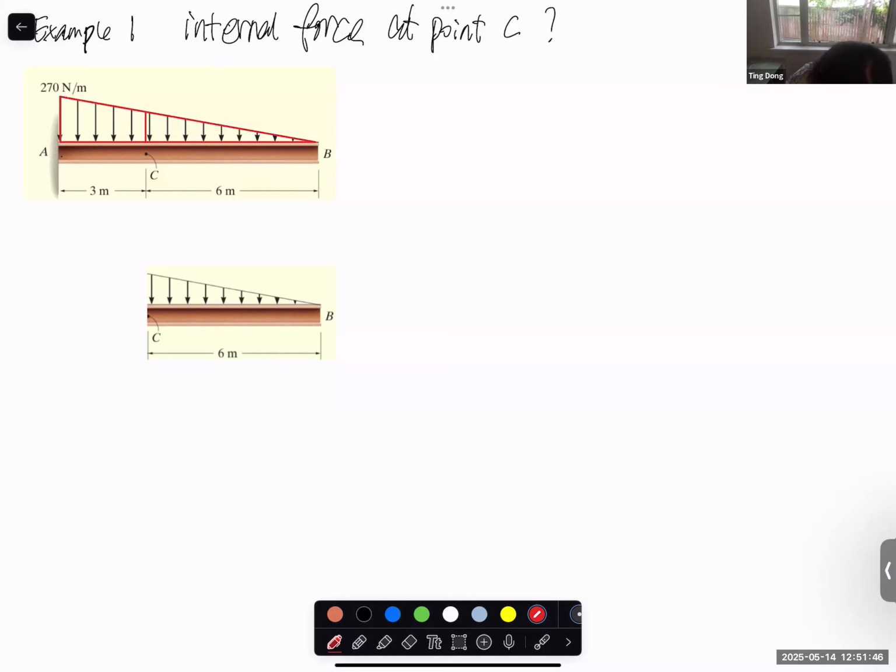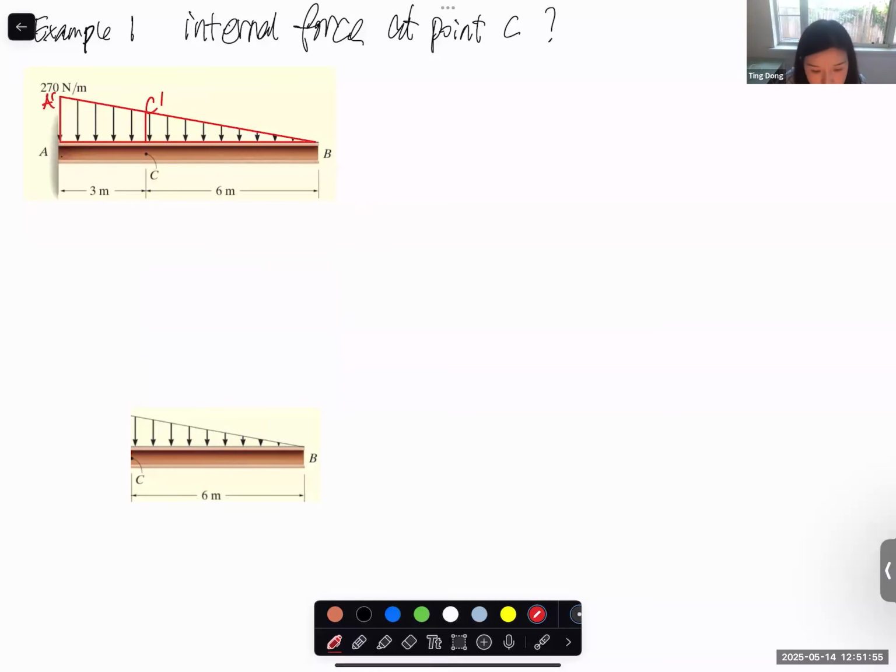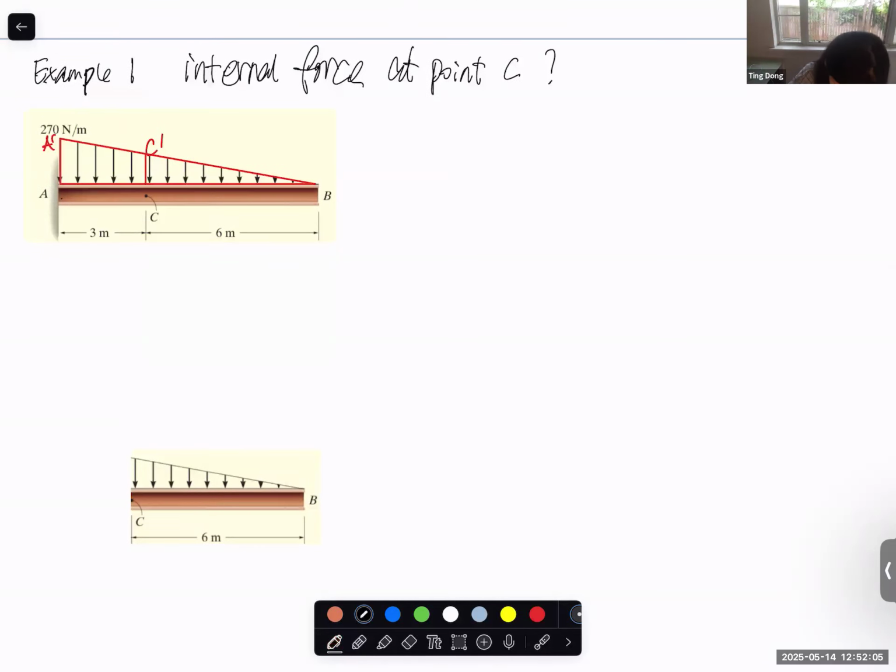So let's say we have the similar triangles, and I put this one as A prime, this one as C prime. So let's figure out the CC prime first. Okay, yes, it's 540. Thank you. So let me show you the details of how to get it.